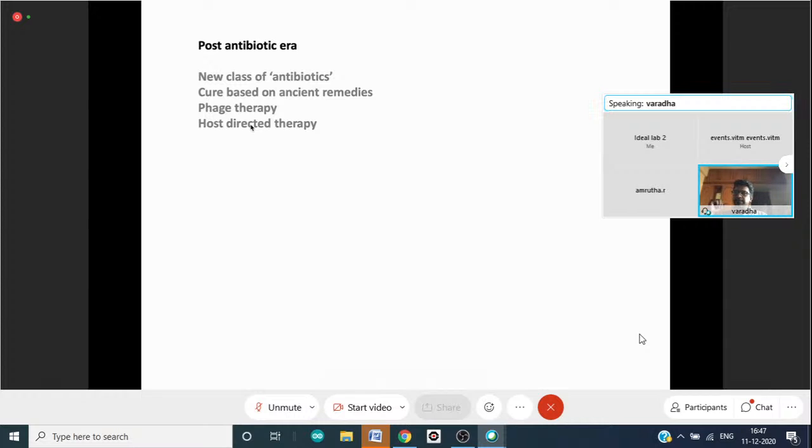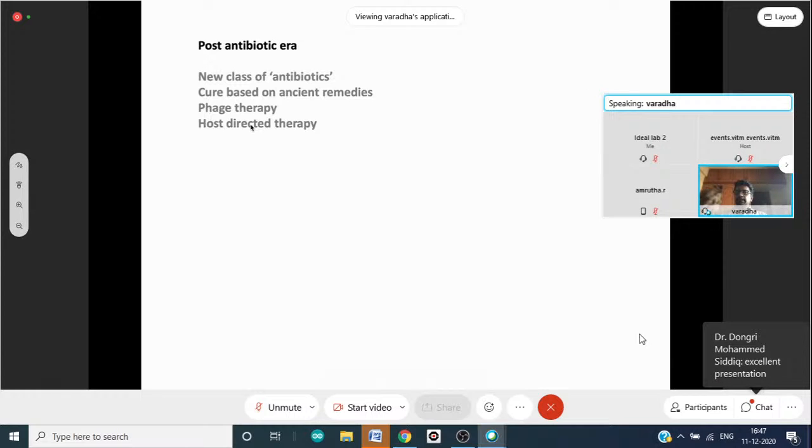And what happens is exactly what you told. The patient will say, okay, this doctor is not good, and go to another doctor. So without investigating why a particular antibiotic has not worked, he moves to the next doctor, who might prescribe another antibiotic.